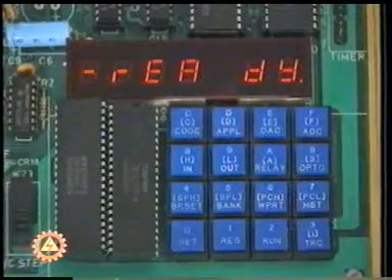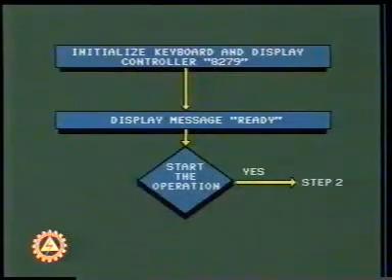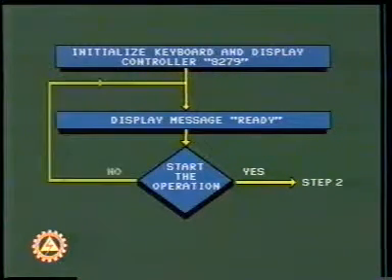The moment processor receives appropriate command, it goes to step 2, that is to measure the temperature. Otherwise, the system waits for appropriate command. In this manner, the program takes care of any errors at the operator level.